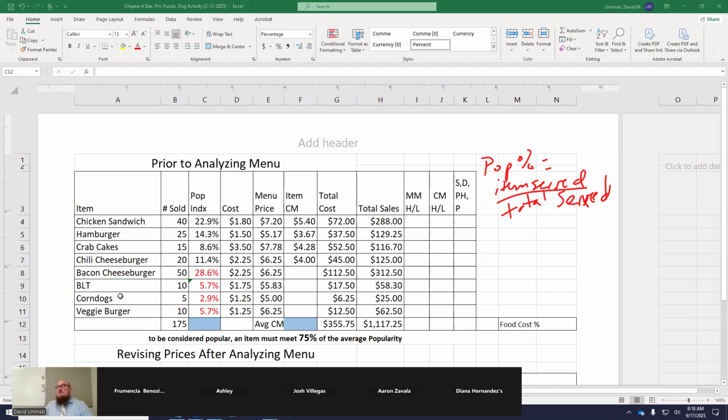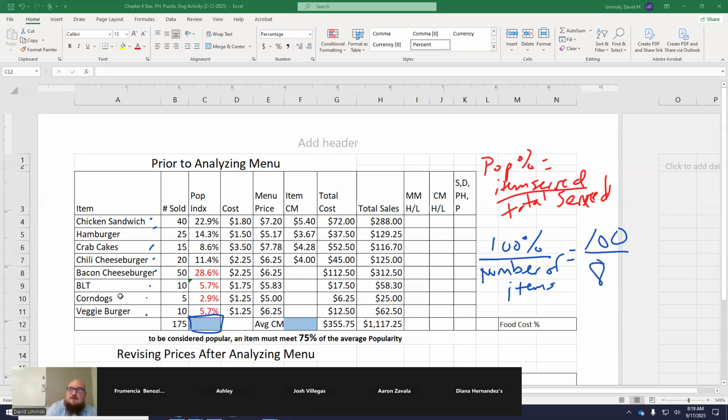Correct. You guys remember that homework you were supposed to get done before today, where you were practicing that popularity benchmark on the first 12 problems? We take 100% and divide by the number of items on the menu. In this case, I'm going to highlight this blue square right here. So we take 100 divided by what? 8.